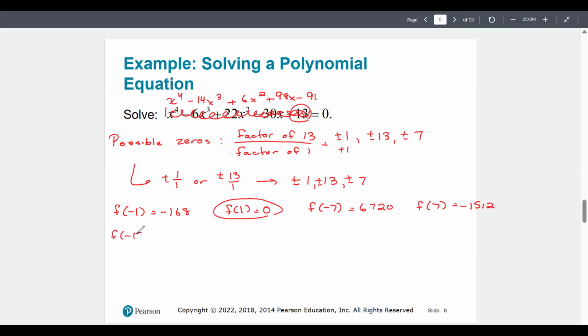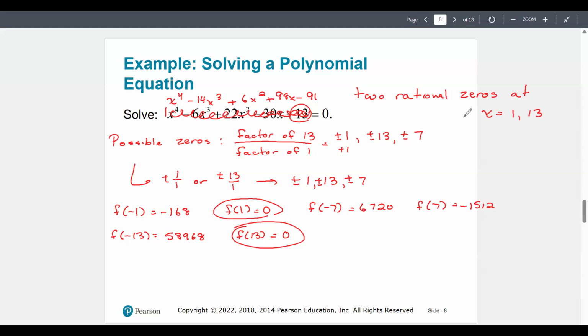If I do f of -13, that one is going to be another huge number. And then f of 13 is going to be 0 again. So these are my 2 zeros. This is my polynomial and I have 2 rational zeros: x equals 1 and x equals 13.